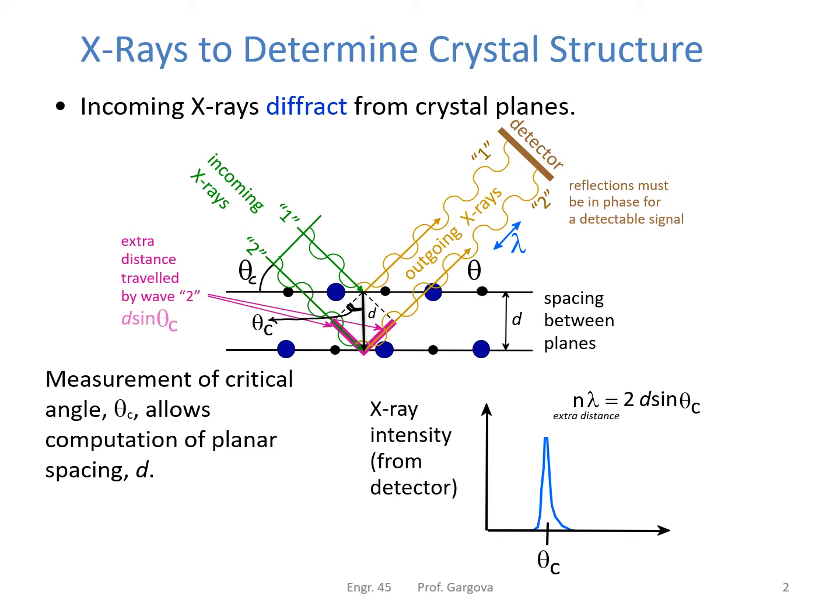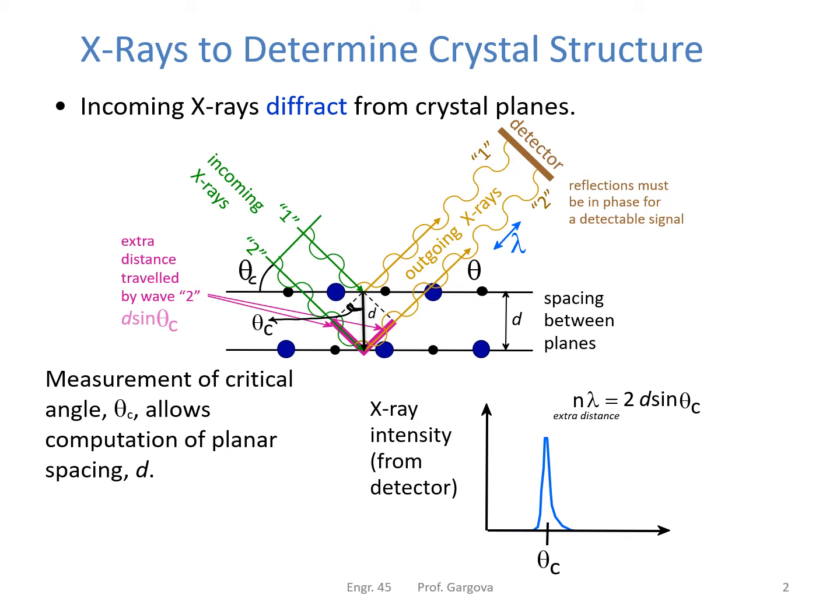If we think of the two planes as two parallel lines cut by a transversal, which would be the incoming X-ray, we can see that theta c, which is the angle at which the X-rays are hitting the sample, is actually the same angle that we see when we take the distance, or d, and see where there's a cutoff, or the difference between the incoming X-ray 1 and X-ray 2. So we see that theta c.